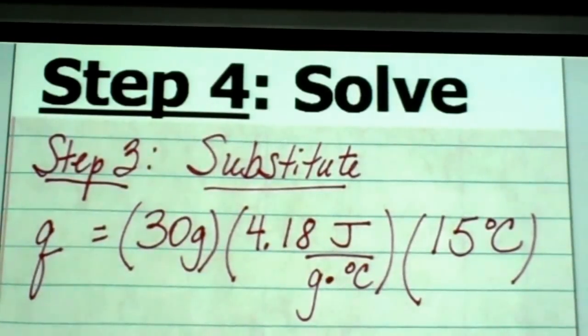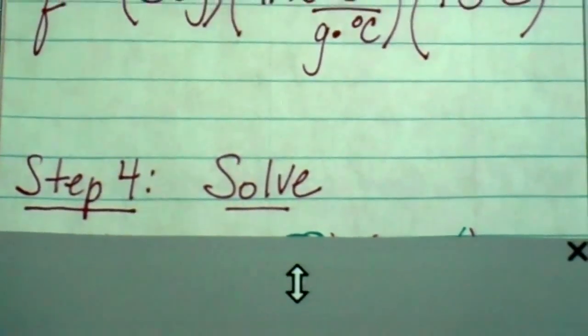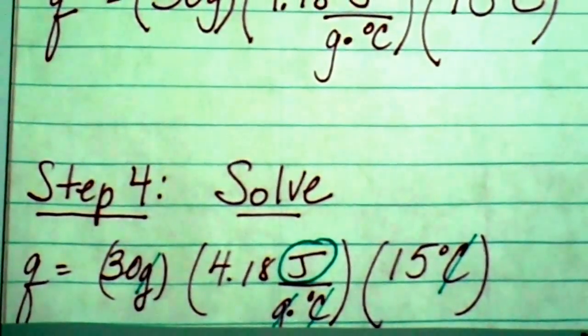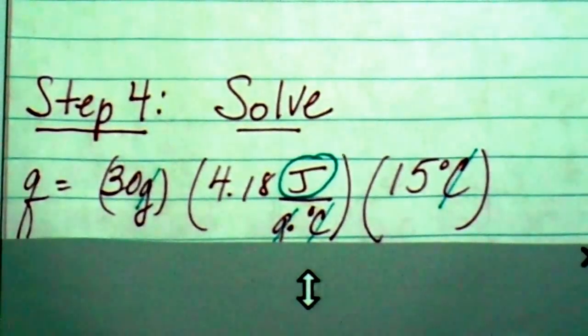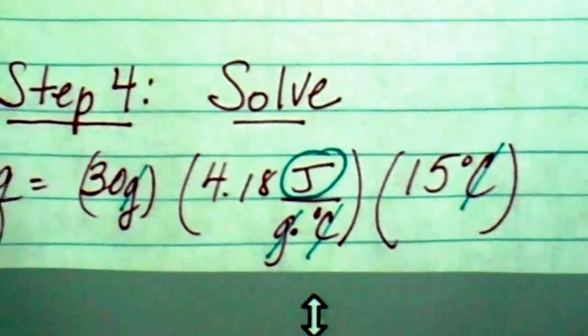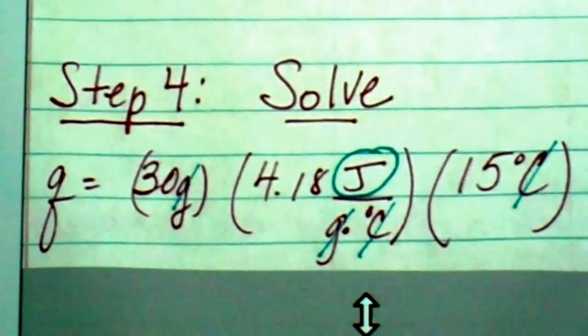Then, to solve it, you're going to cancel out your units first. Notice what was done. Took the grams here and we divided by grams there, so those units cancel. You have the Celsius here, again divided by Celsius here, those units cancel. We're left with this unit, the joule, which is the unit that we need to find Q. So we're doing it right.